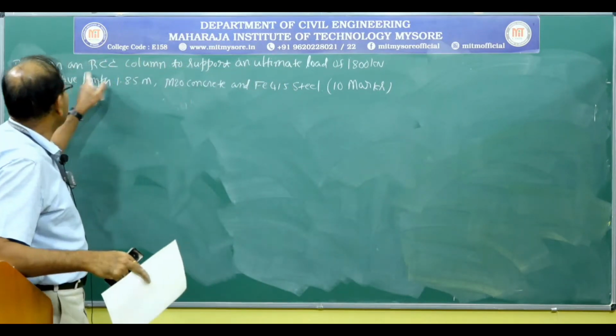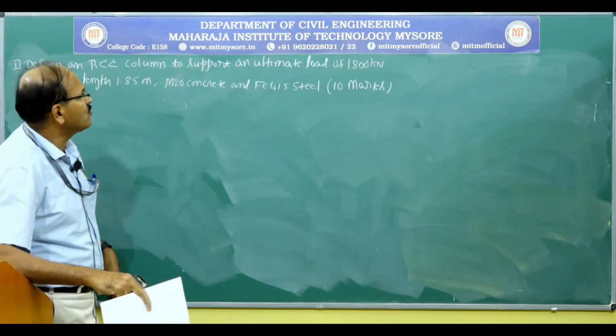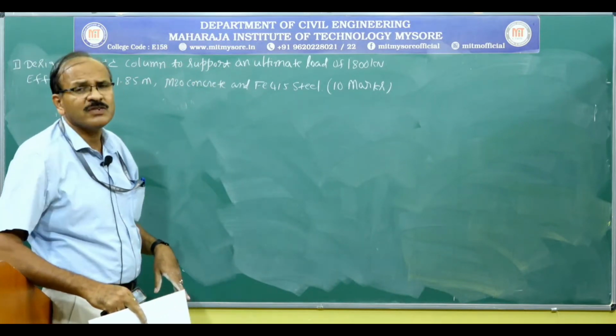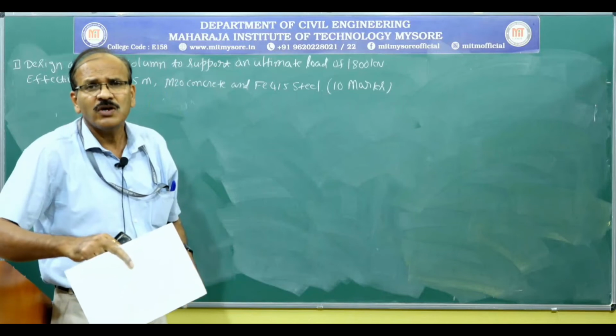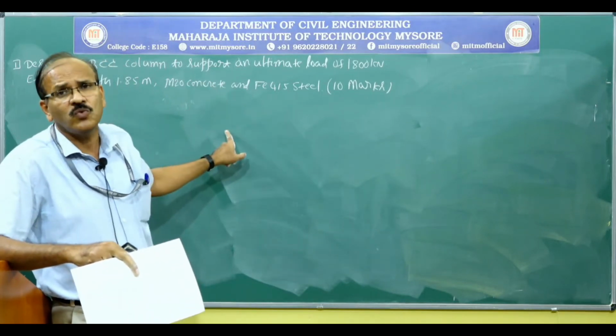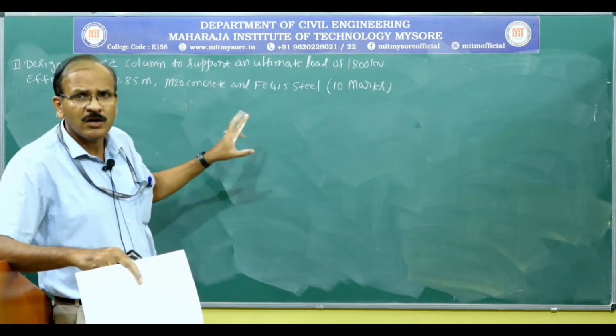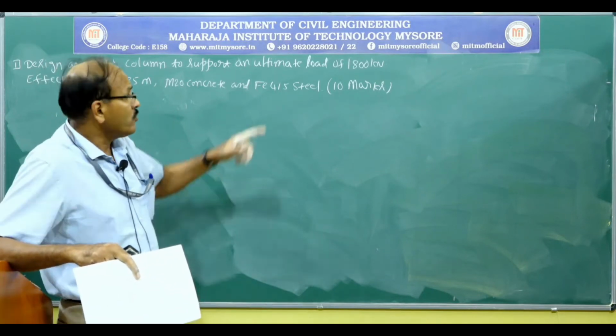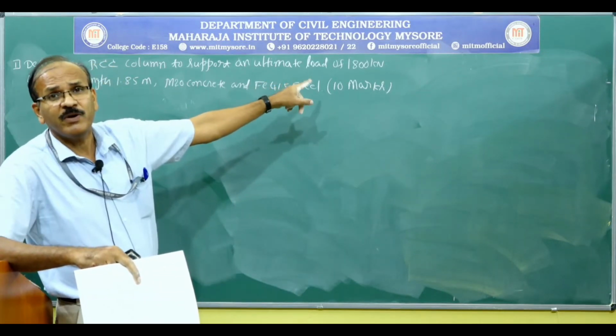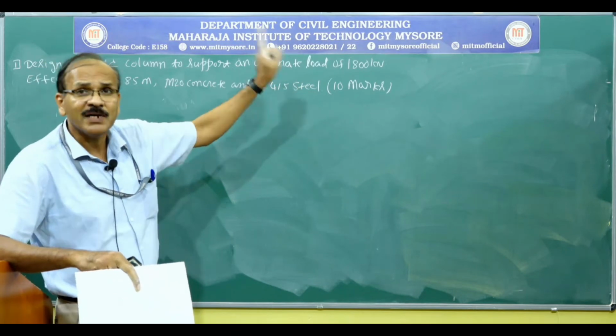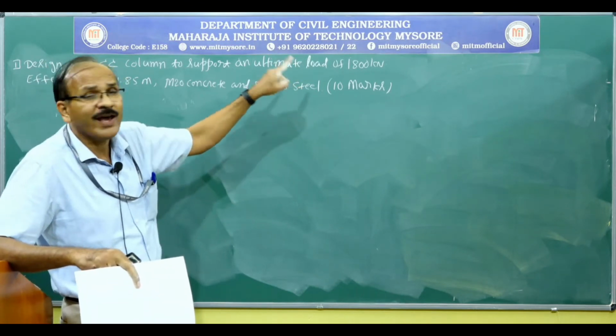So let us go through the problem. Design an RCC column to support an ultimate load of 1800 kilonewton. The ultimate load is nothing but the design load, or factored load. So you don't have to multiply this value by 1.5. That is already multiplied. So you take this load as Pu.